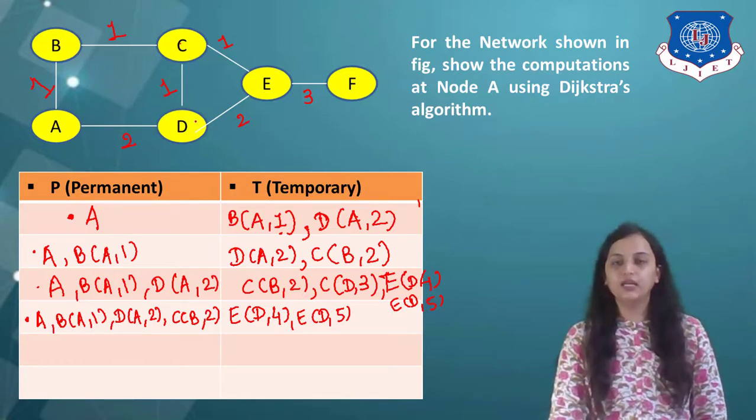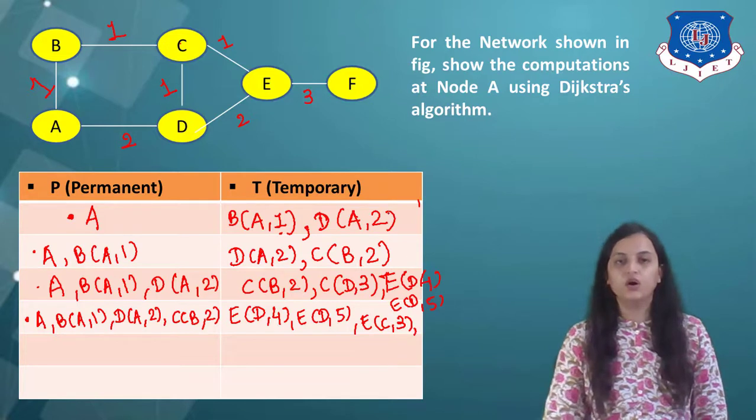Now B and D nodes are already on the permanent side, so we need to do only for E. So to reach E using C, the value is 1 plus 1, 2, 2 plus 1, 3. Also if I consider this path, that will be 2 plus 1, 3, 3 plus 1, 4. Okay, that is EC4.